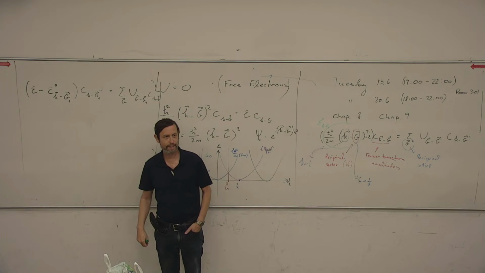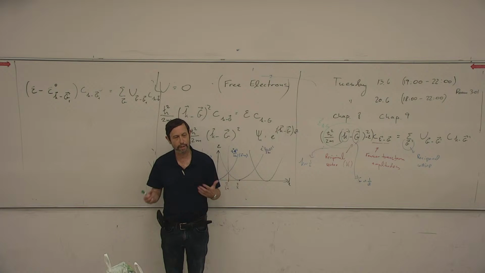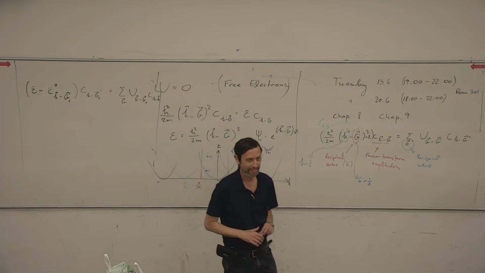It doesn't matter, because U of G is equal to U of minus G, as we showed a couple of lectures ago.